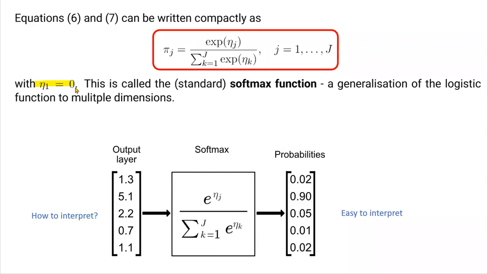You can't forget to say that. And this equation that I highlighted in red is called the softmax function, or the standard softmax function. If you're doing machine learning, you'll come across this function, I'm sure. The softmax function is a generalization of the logistic function, but for multiple dimensions.